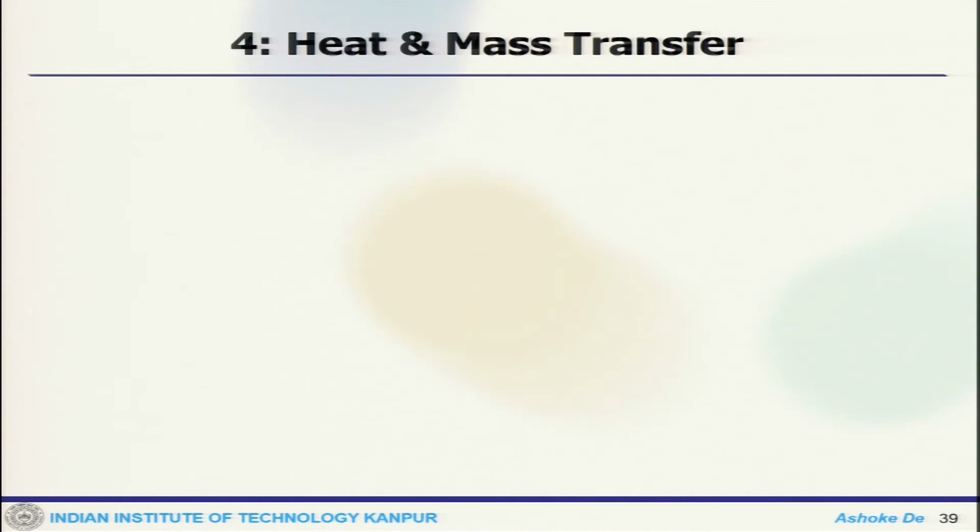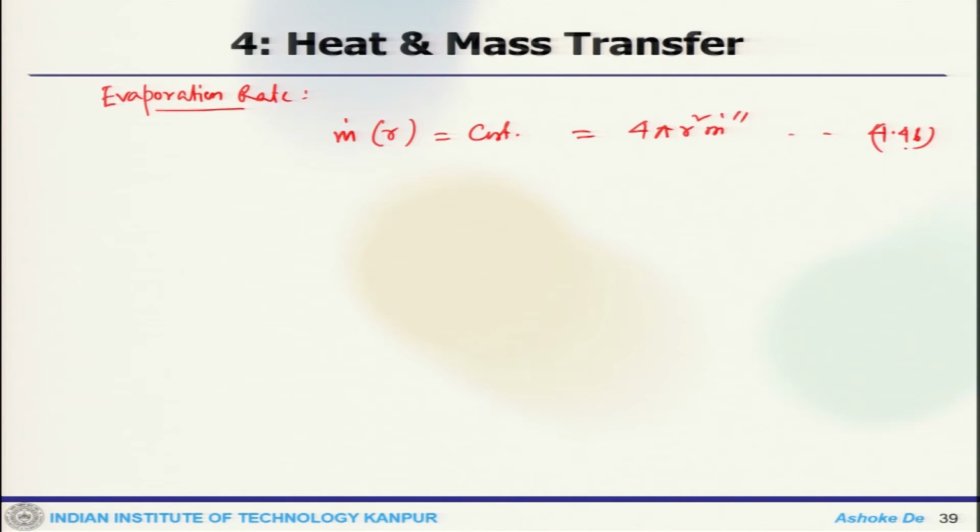With these assumptions, one can find out the evaporation rate. It will be similar to the Stefan problem except for the change in coordinate system. So, overall mass conservation will give us m dot r equals a constant, equals 4 pi r square m dot. So, that is my mass conservation.